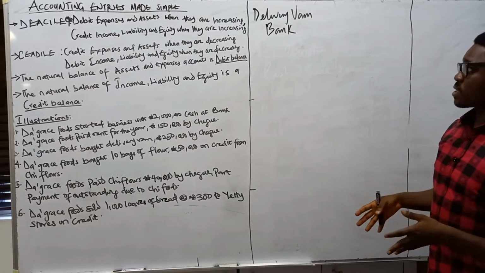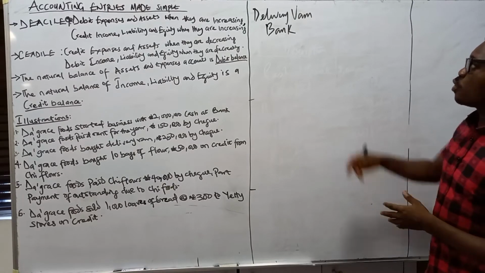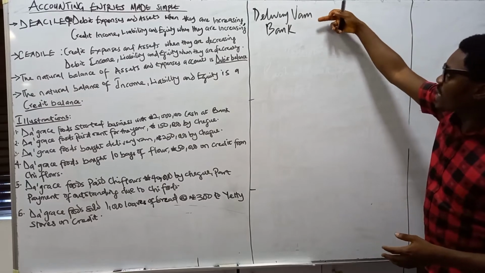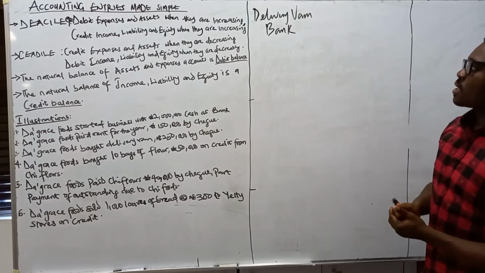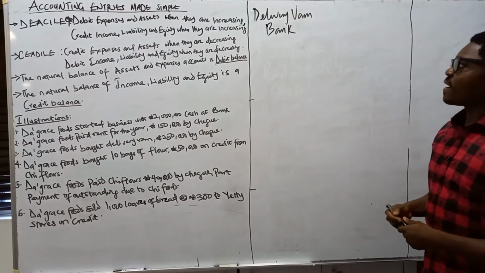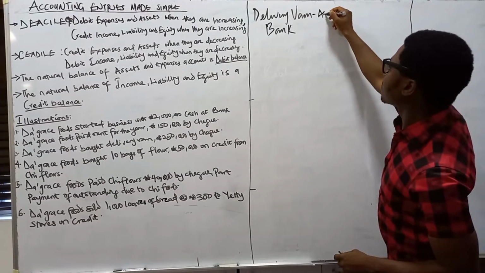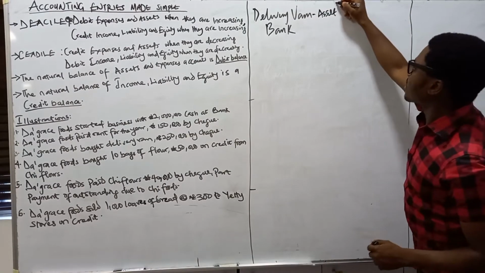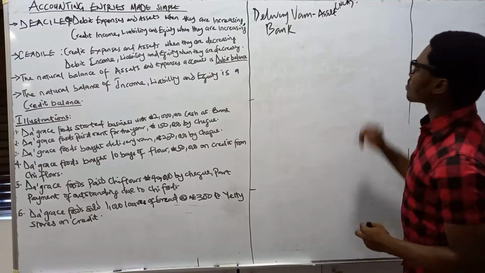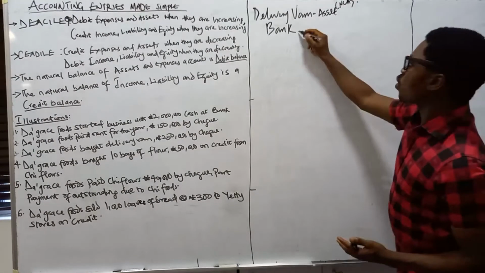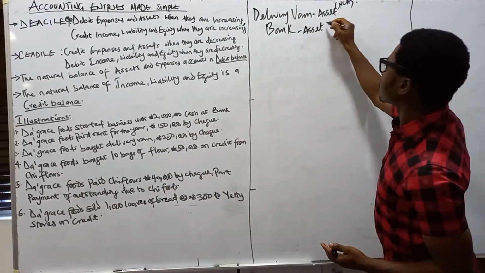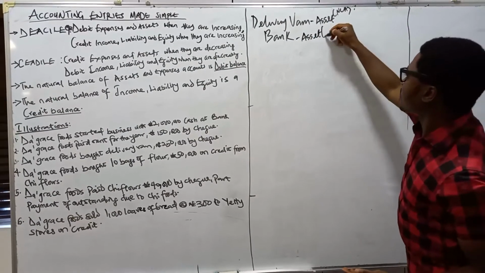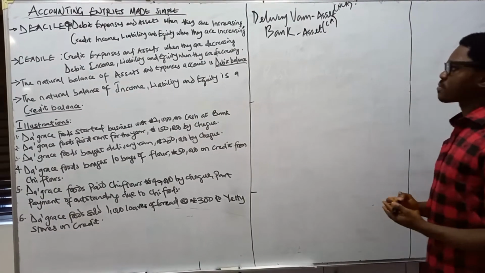The next step is to know the class of account delivery van and bank are related to. Delivery van is an asset. What class of asset? A non-current asset. Bank is also an asset. What class of asset? A current asset.